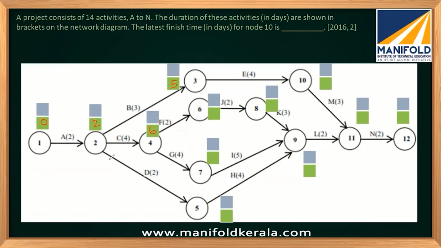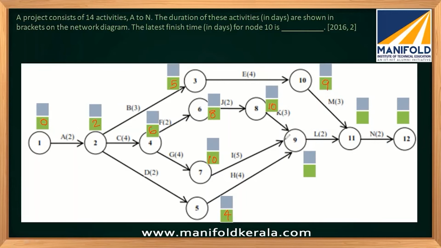This one, 2 plus 2 will be 4. This node, 6 plus 4 will be 10. This node, it will be 6 plus 2, 8. This one, 5 plus 4 will give you 9. 8 plus 2, 10.